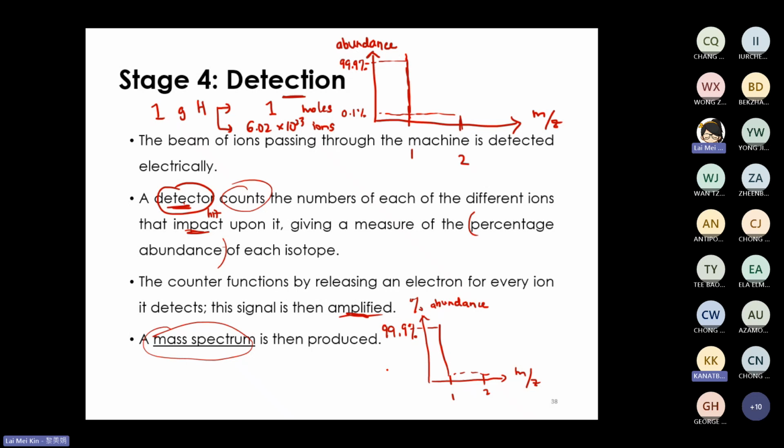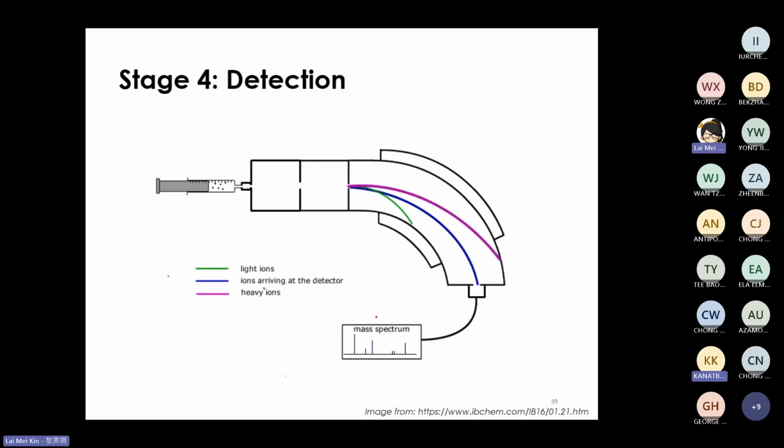Hydrogen-2 is 0.1%. So this is a mass spectrum. It shows the mass over charge and the percentage abundance. Here you also have a sample of a mass spectrum that is produced.